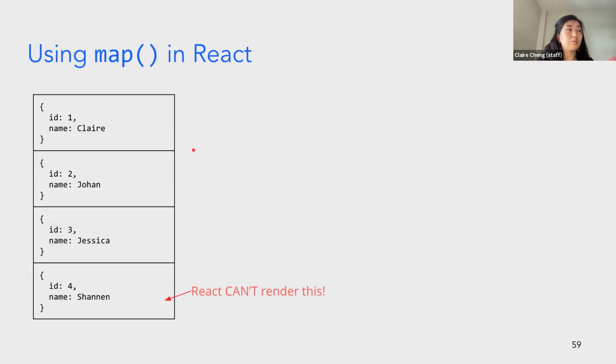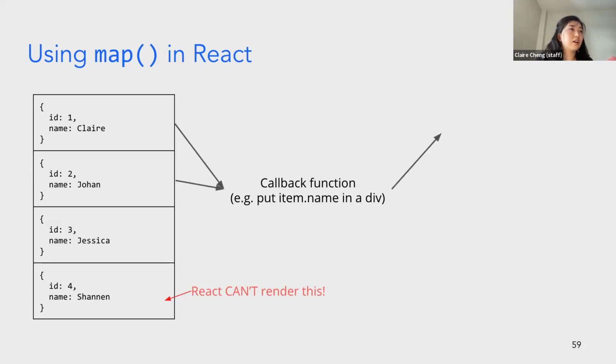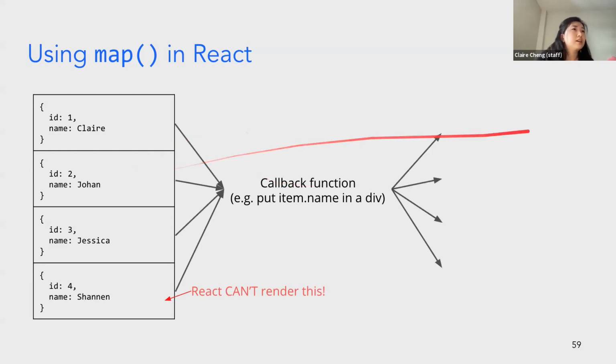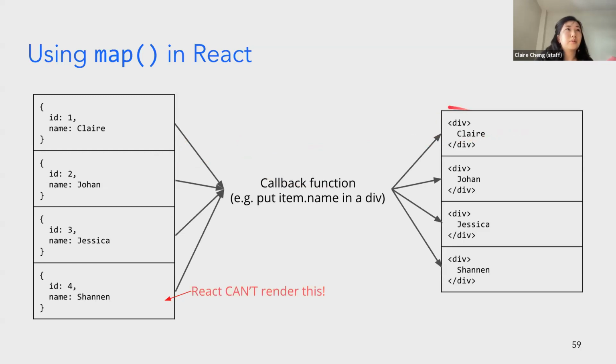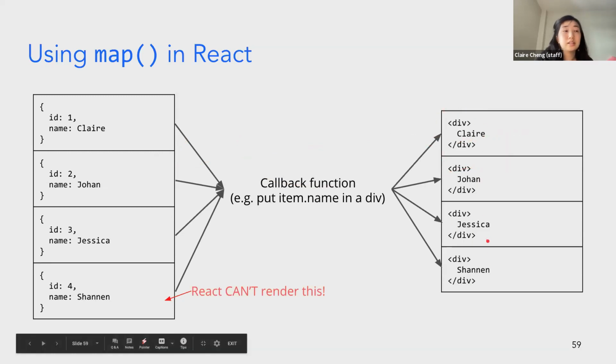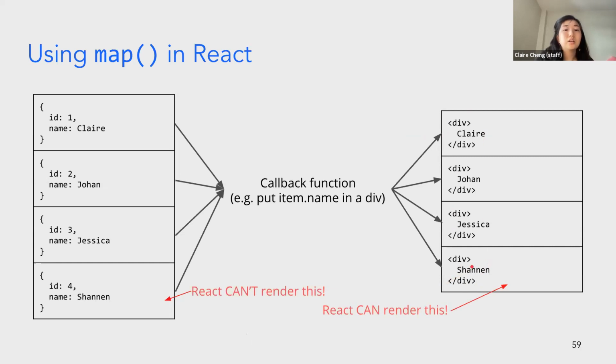So React cannot render JavaScript objects. It'll probably display something on the page like "object", which makes no sense, right? So we're actually going to use a callback function and just put item.name in the div. For each of them, we want it to render like this. This is something that React can render. So we're going to use map to map from this to this.